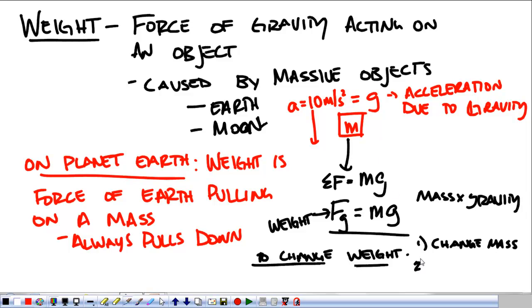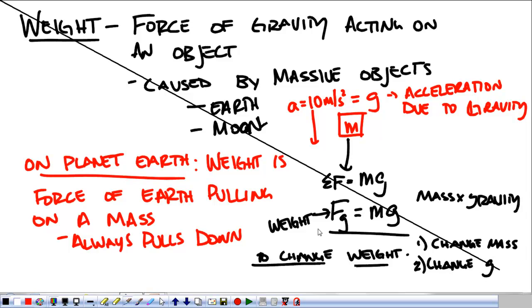Or you could, two, change gravity, which means you're going to another planet or you're going to the moon. That's how we change weight.